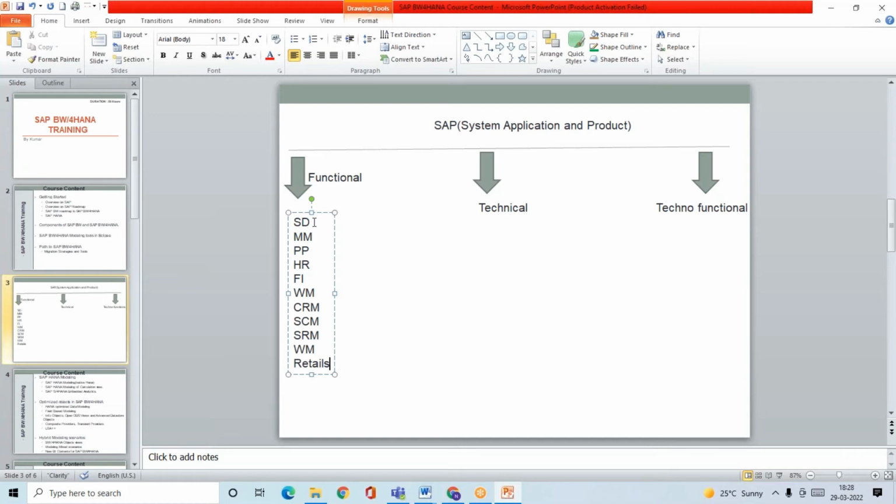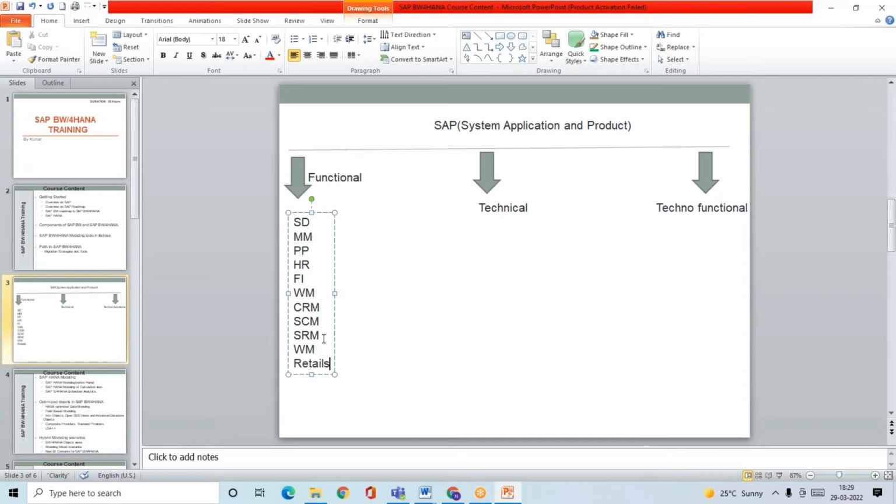And then CRM, customer relationship management. You have many industries in the market, like your Airtel, right? CRM is mostly the front face, integrating with your direct customers. SCM, supply chain management, is again a combination of MM and PP.